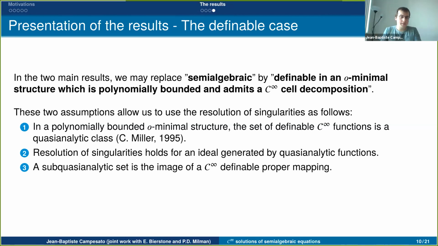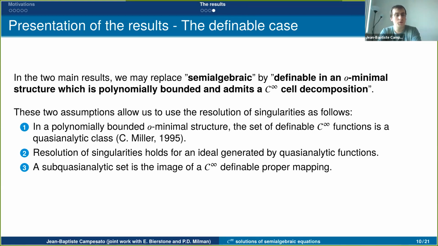So a sub-quasi-analytic set is simply the projection of a semi-quasi-analytic set, which is a set locally defined by inequalities and equalities of quasi-analytic functions. So by resolution of singularities, we can prove that such a set is the image of a C-infinity definable proper mapping, a phi, like the phi two slides ago.